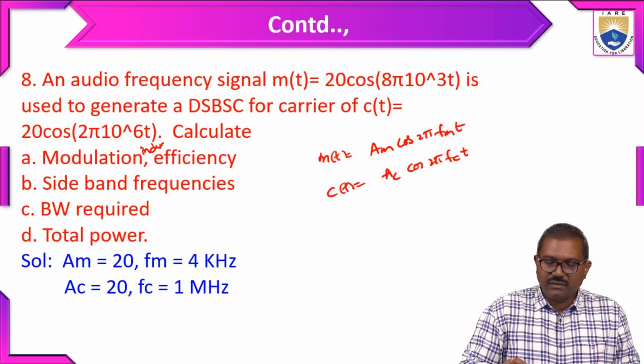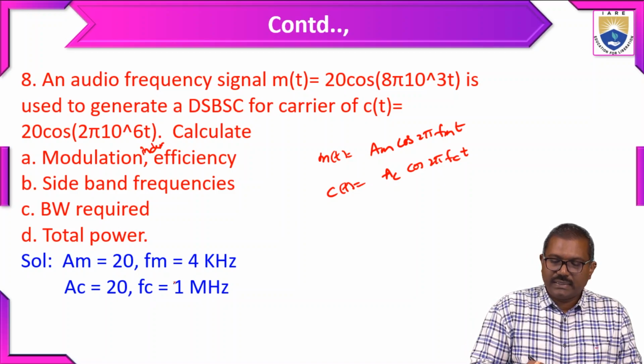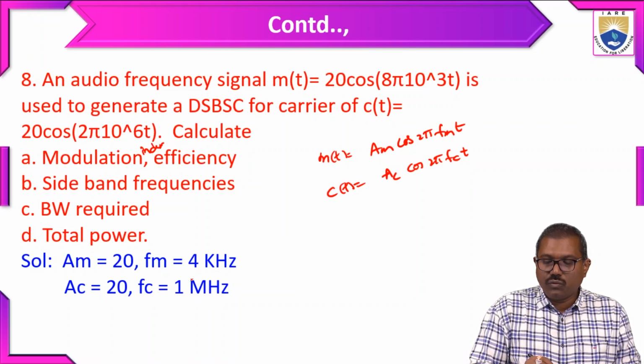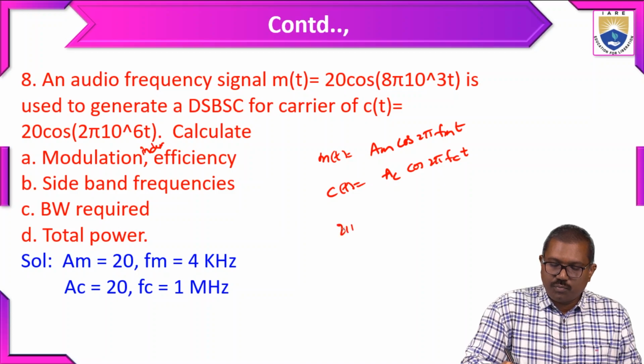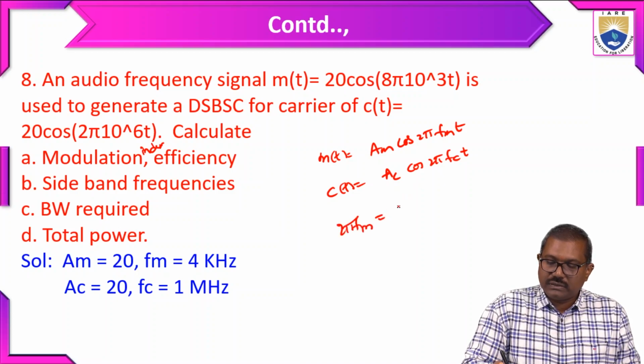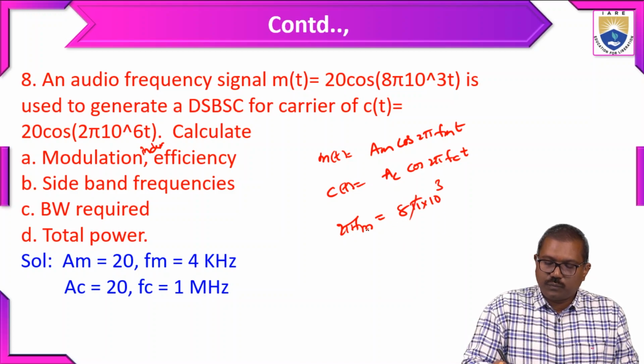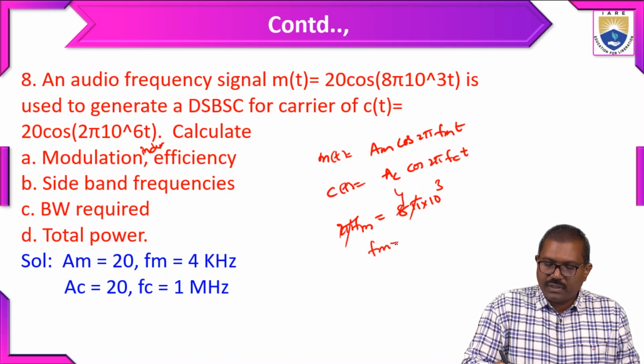One is kilo and one is mega. So by comparing this, you get Am is equal to 20, Ac also 20, fm is 4 kilohertz. Why? Because 2 pi fm is equal to 8 pi 10 cube, so fm is 4 kilohertz.